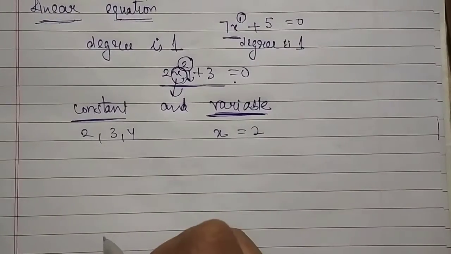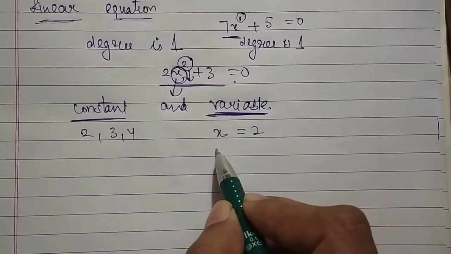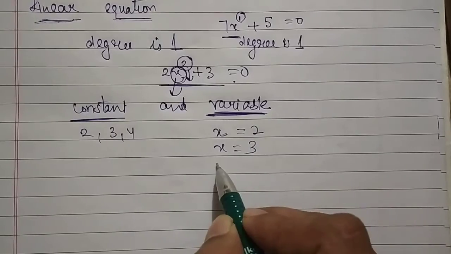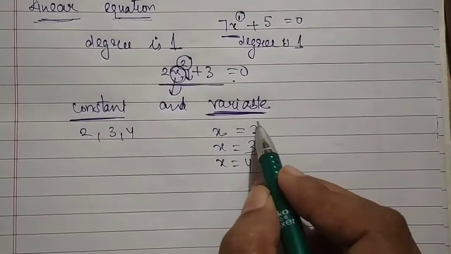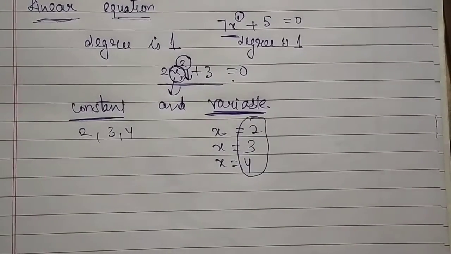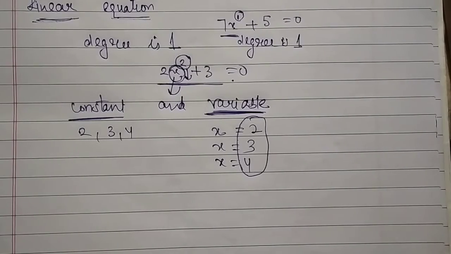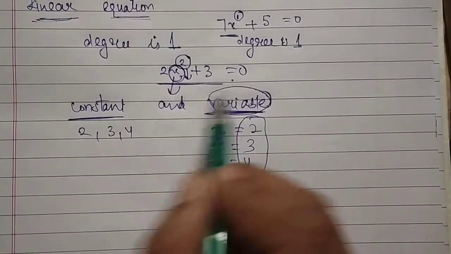First the value is 2. In another equation the value of x is 3. Value of x is 4. So the value of x is changing as the expression changes. So this is called the variable.